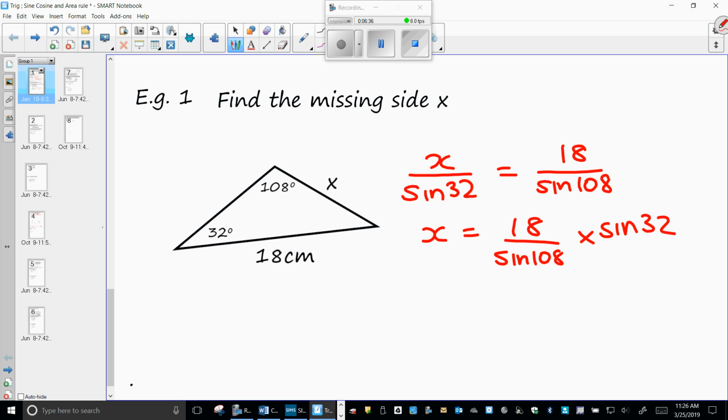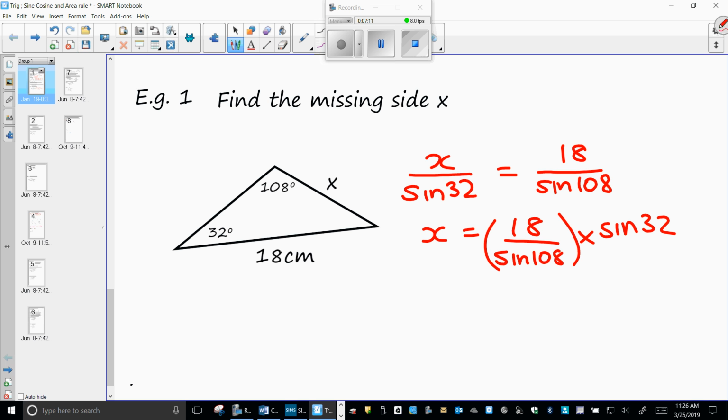Can we just put in brackets sine 32? If you wish. What do you mean in brackets? Like the sine 32 to symbolize multiplying. Sure. So the 18 over sine 108 could be in brackets next to sine 32.